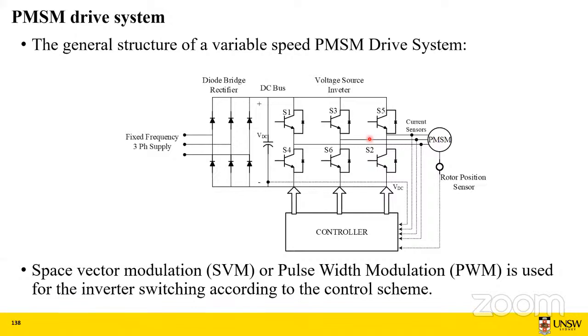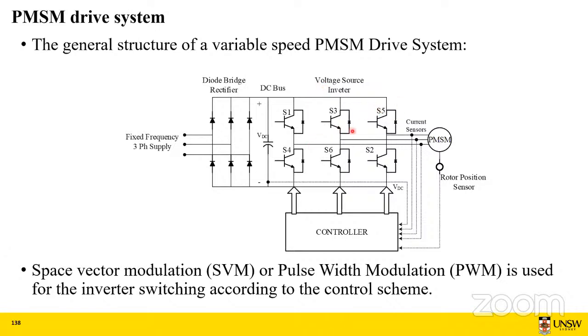I don't have time to go through the inverter basics, but those who are not familiar with inverters or power electronics can find how it works from even a textbook, or do a Google search, and they will tell you.